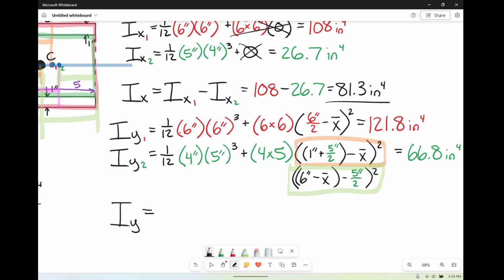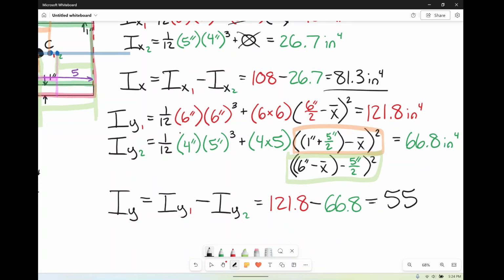So now let's remind ourselves. Iy is going to be Iy1 minus, because we're subtracting that piece out, Iy2, and that is 121.8 minus 66.8, and this gets us actually 55 inches to the 4th.